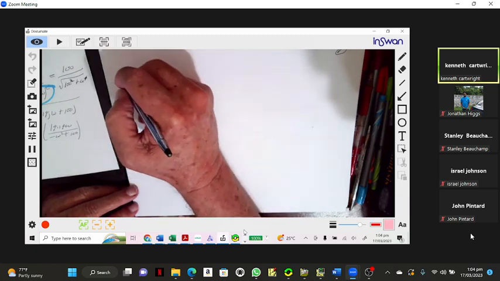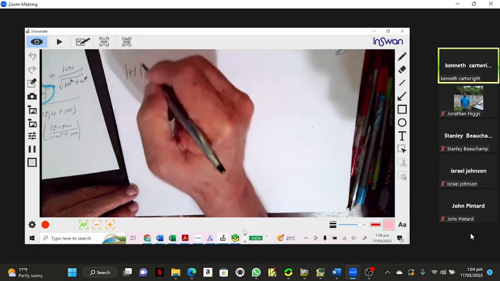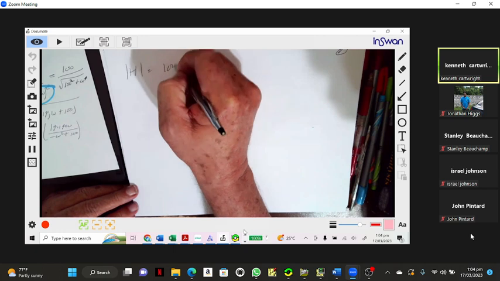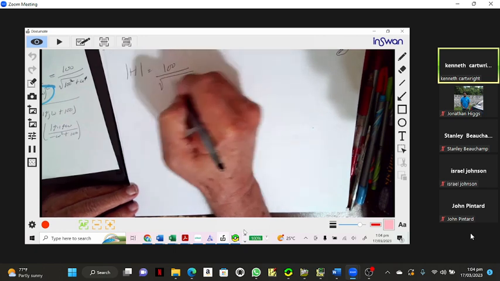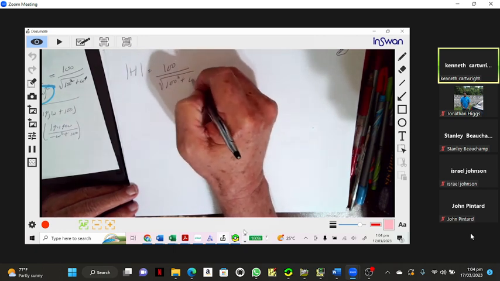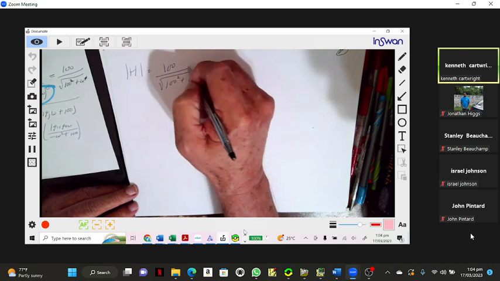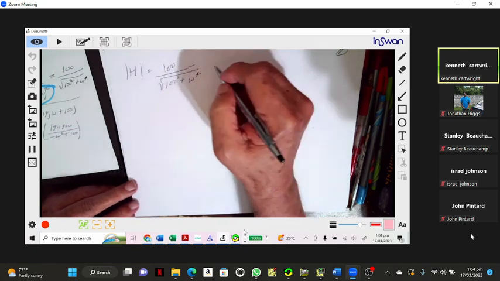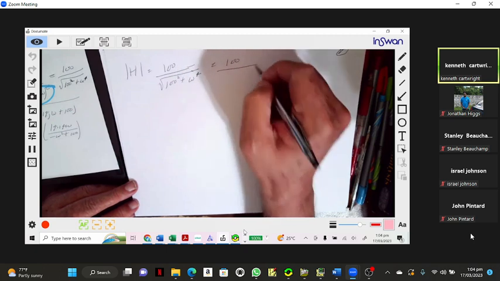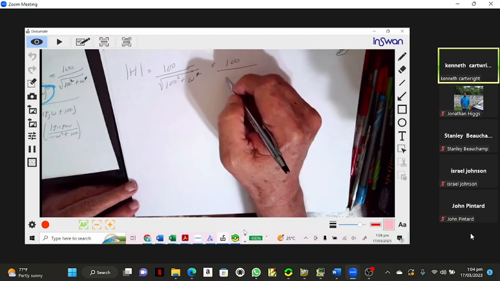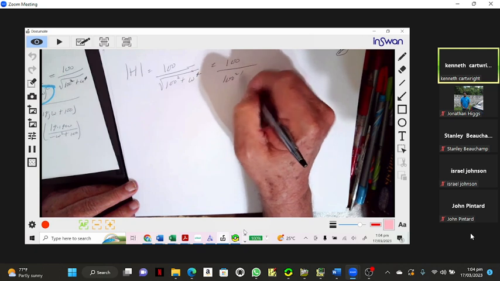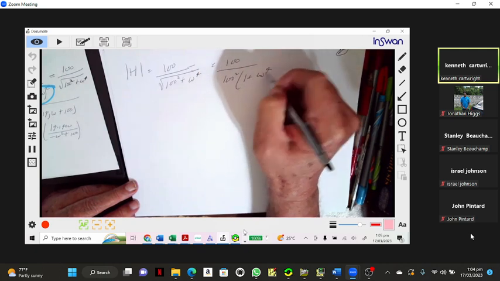So the magnitude of h, what's the second order? It's 100 divided by the square root of 100 squared plus omega to the fourth, which is 100 over 100 squared, 1 plus omega to the fourth over 100.